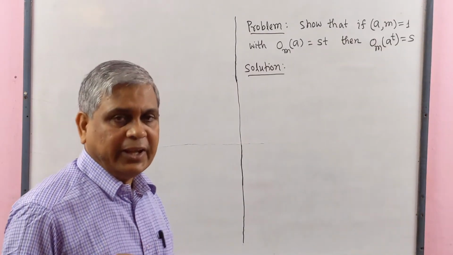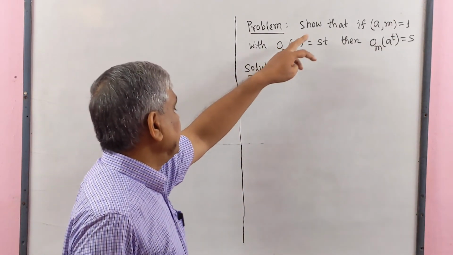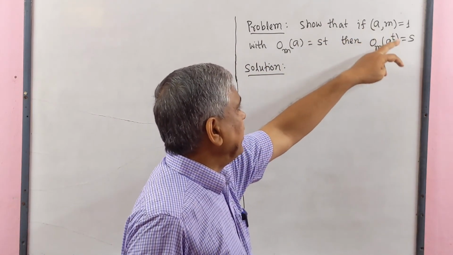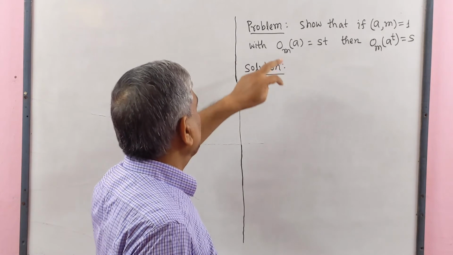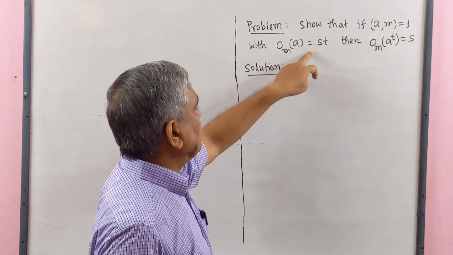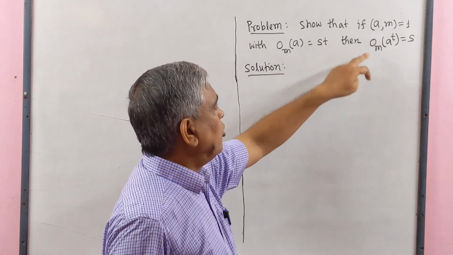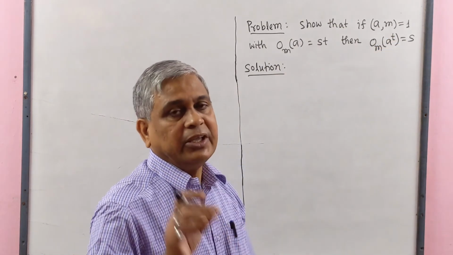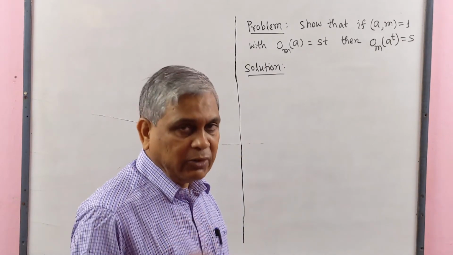Now we solve the next problem. Next problem is, if GCD of a and m equal to 1 with order of a modulo m equal to st, then order of a to the power t modulo m equal to s. Now we solve this.